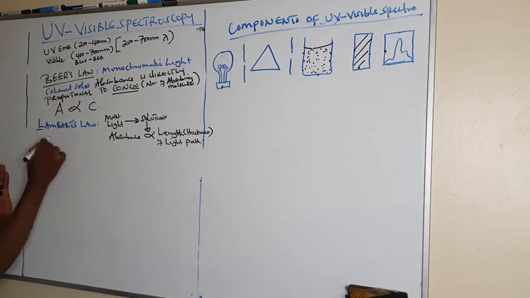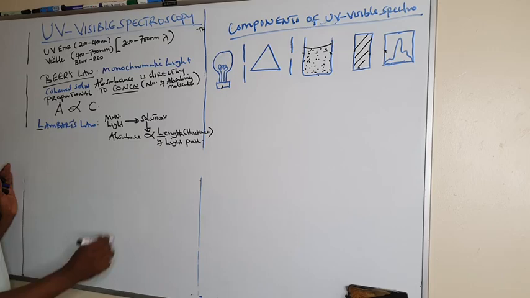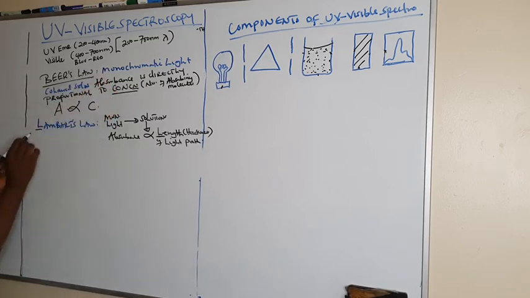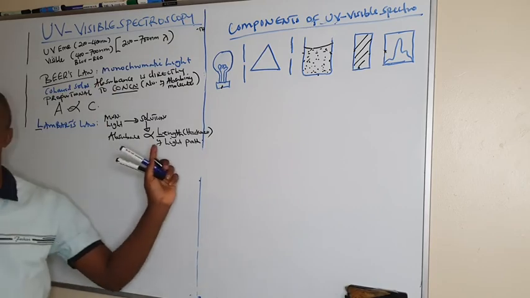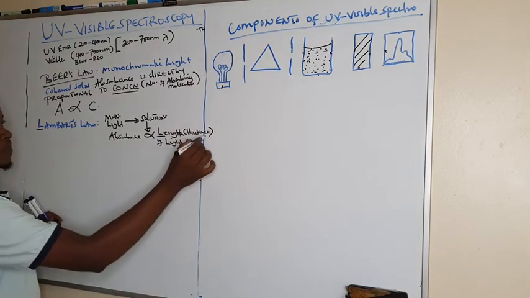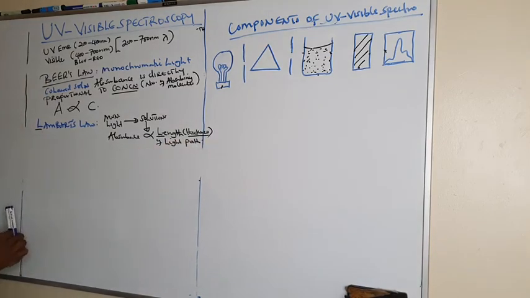Lambert's begins with L, he was looking at the length. So don't confuse Lambert's law with Beer's law. By knowing that Lambert's begins with L, and he's looking at length, which begins with L, or you can call it thickness of the light path.